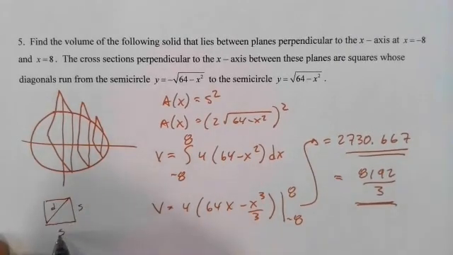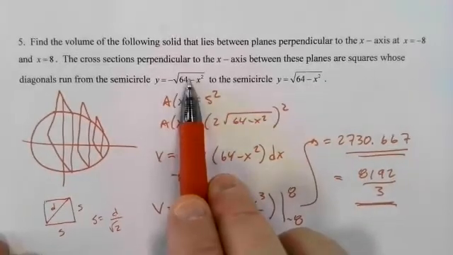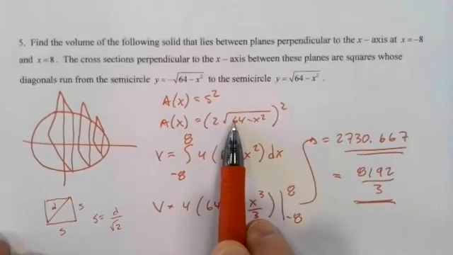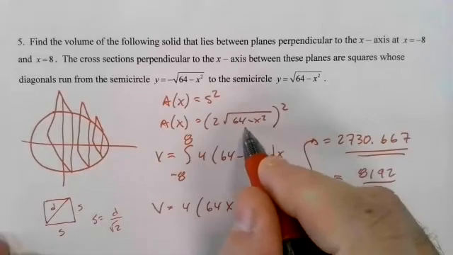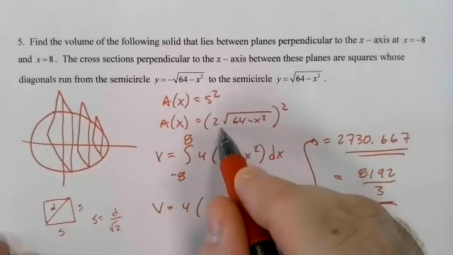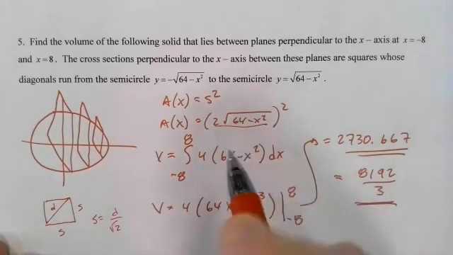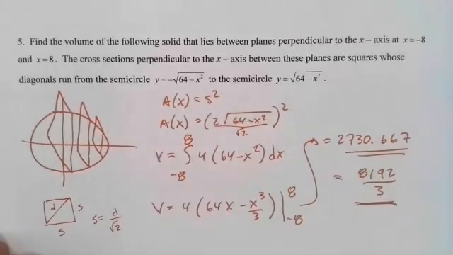D, S, S. S equals D over root 2. D is this minus this, also known as 2 times that. There it is. Then when we square this, it should be this diagonal over root 2. Oof, that's so disappointing that I did this wrong. Oh well, these things happen.